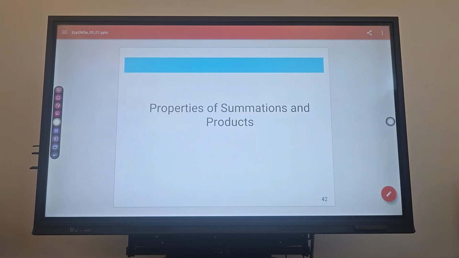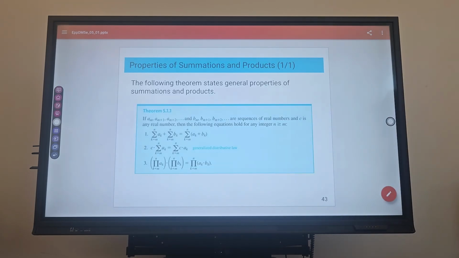Properties of summations and products. The following theorem states the general properties of summations and products. If the sequences a and b are sequences of real numbers, and c is any real number, then the following equations hold for any integer n greater than or equal to m.